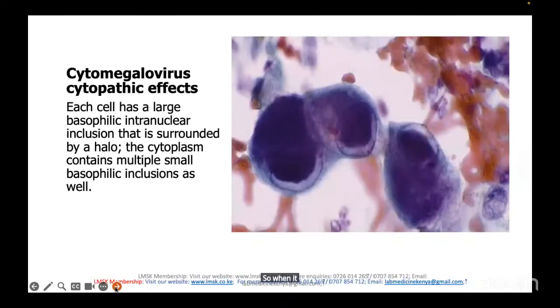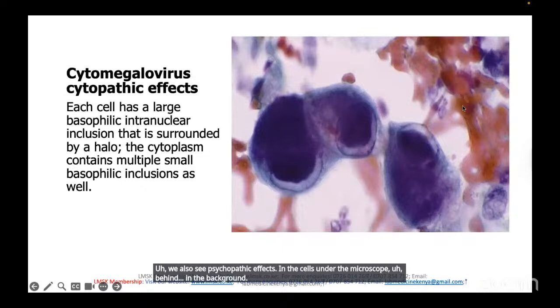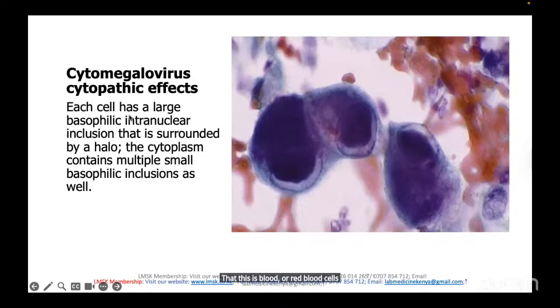So when it comes to another virus, this is a cytomegalovirus, we also see cytopathic effects in the cells under the microscope. Behind, in the background, we are having red blood cells, and each cell has a large basophilic intranuclear inclusion that is surrounded by a halo. The cytoplasm contains multiple small basophilic inclusions as well.